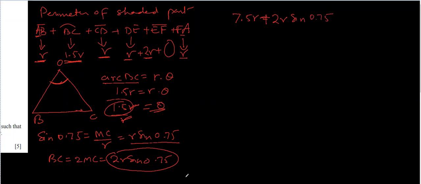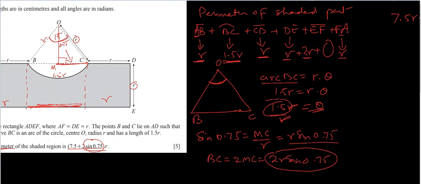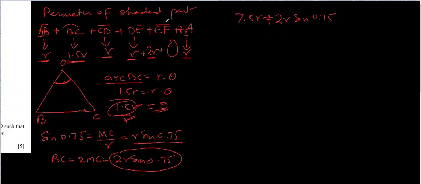Okay. Is it matching with the question? Yes, it is matching with the question. So just take R out of this, and we proved it. We showed it rather that this is the perimeter of the shaded part. So only R will be out of it, and yes, we have shown it.